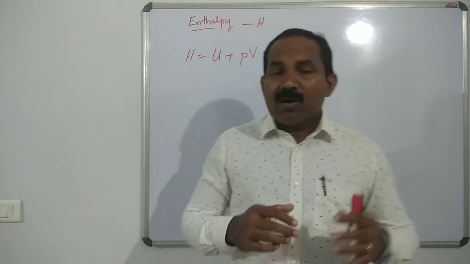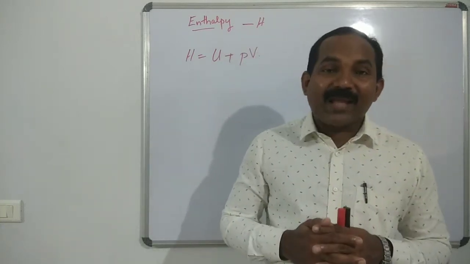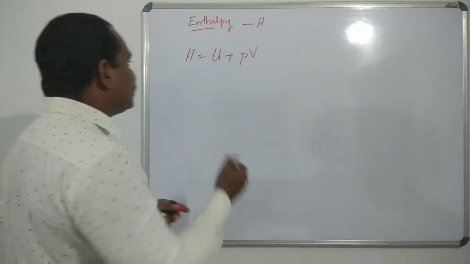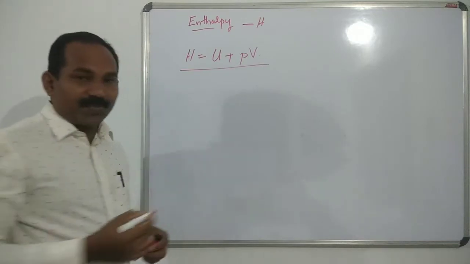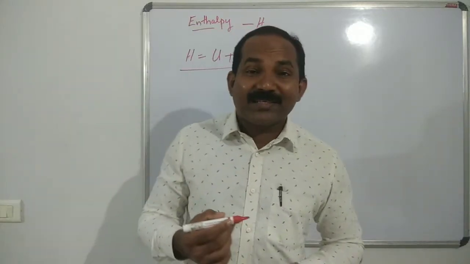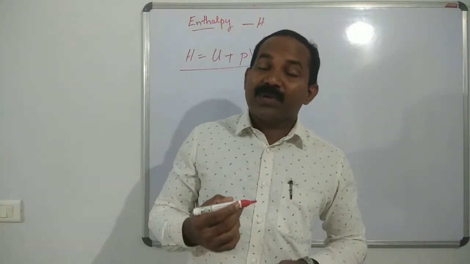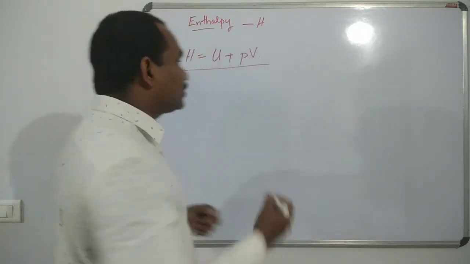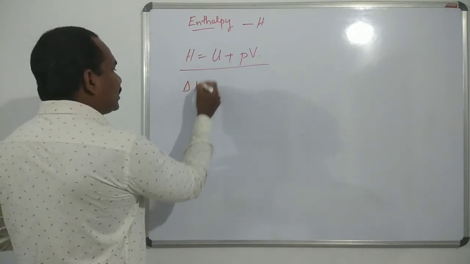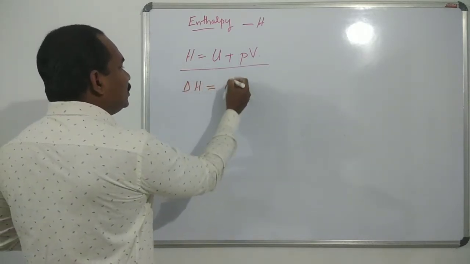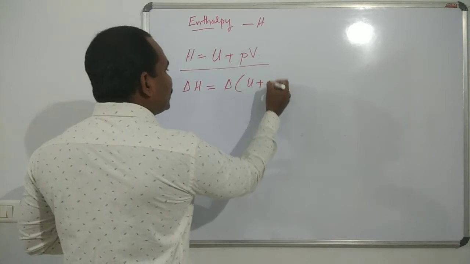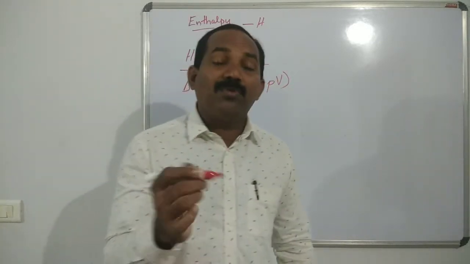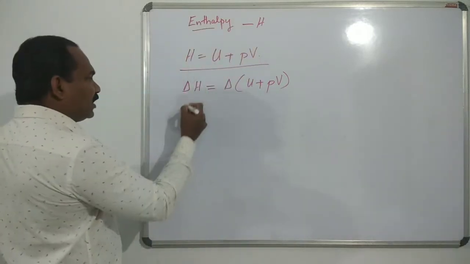Let's discuss what the changes in the enthalpy are. You know that enthalpy H is equal to U plus PV. For finite changes at a constant pressure, we can write delta H is equal to delta U plus delta of PV, by taking a delta on both sides and expanding the equation.